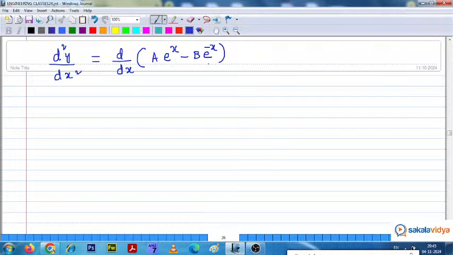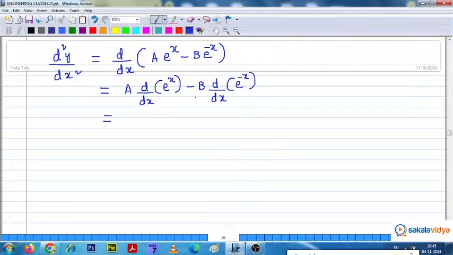So, this we can write again a times d by dx of e power x, minus b times d by dx of e power minus x. So what is the derivative of e power x with respect to x? Yes, e power x.